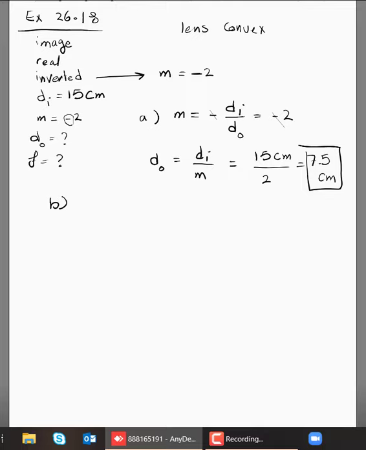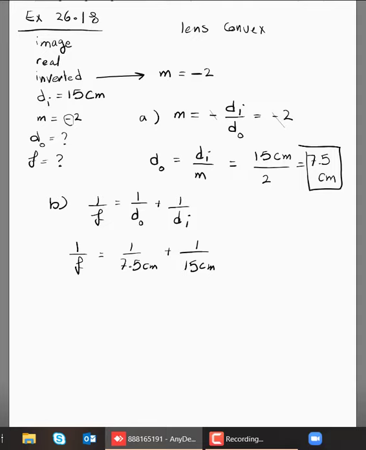Okay, part B asks for the focal length. I use the thin lens equation, 1 over f equals 1 over DO plus 1 over DI. Because my image is real, DI is positive. Because it is a convex lens, the focal length is positive, and my object distance is of course positive, so I just replace the numbers here. 1 over f equals 1 over 7.5 centimeters plus 1 over 15 centimeters.